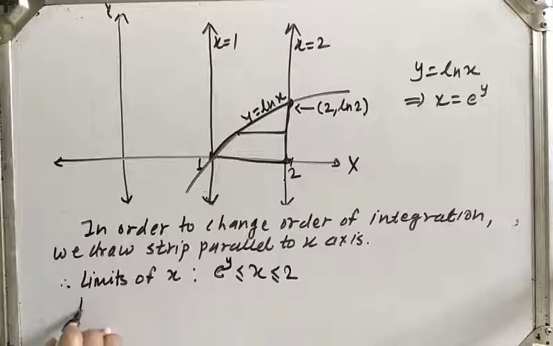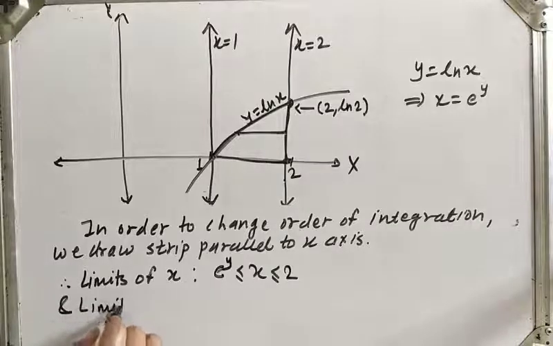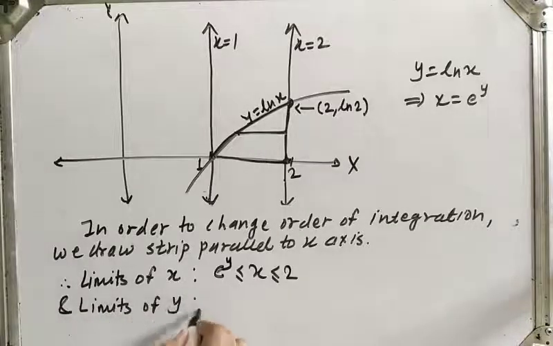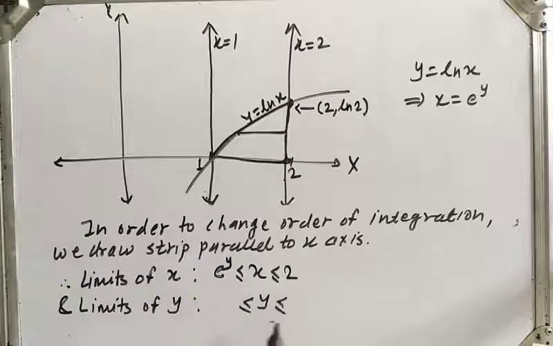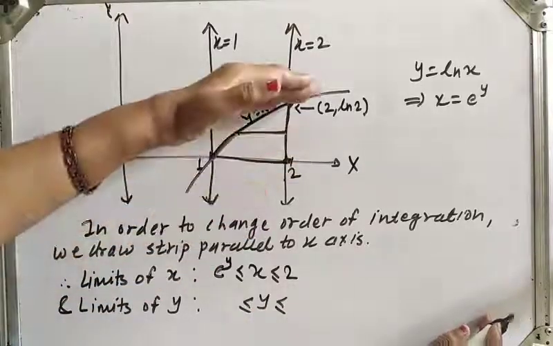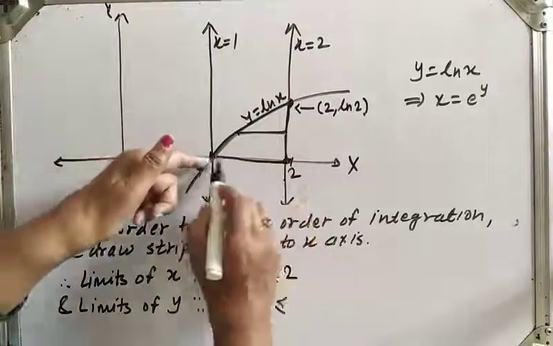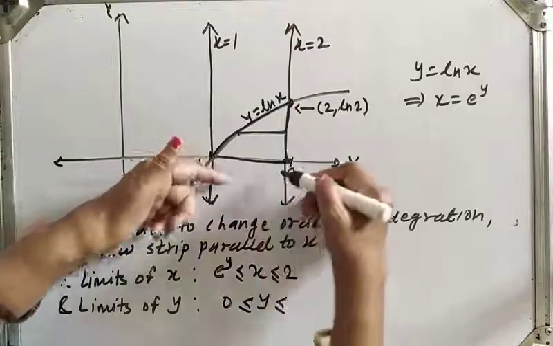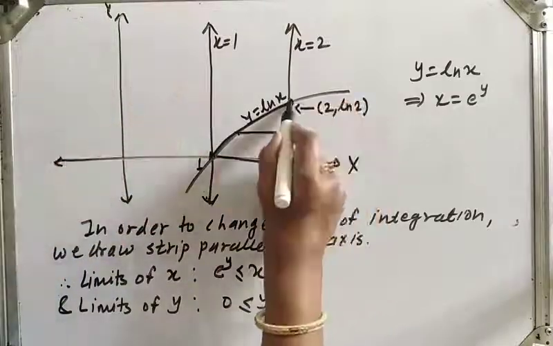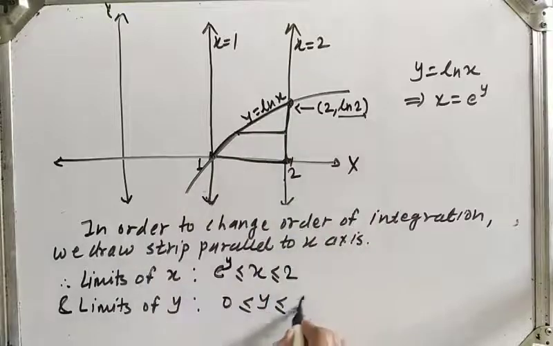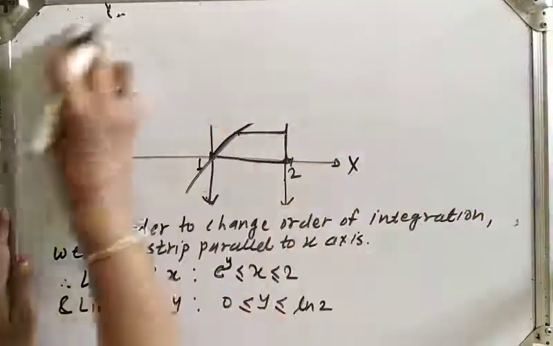And limits of y, what are the limits of y? y varies from this to this. At this point, what is the value of y? y is 0, and at the upper point, what is the value of y? y is log 2.